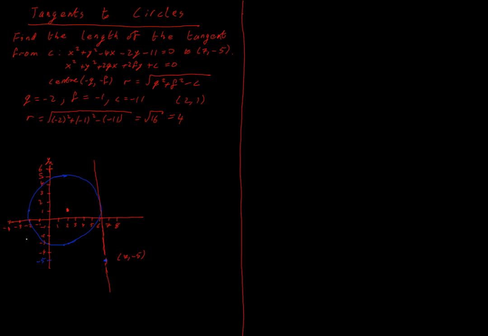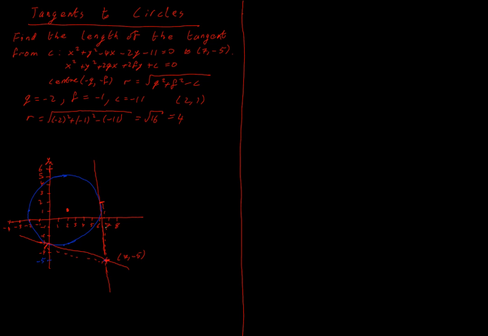Again, obviously you have rulers that allow you to sketch your situation more easily. But I have my two tangent lines going as so. And I'm looking for this length here, from my point to my point of contact, from my point to my point of contact.